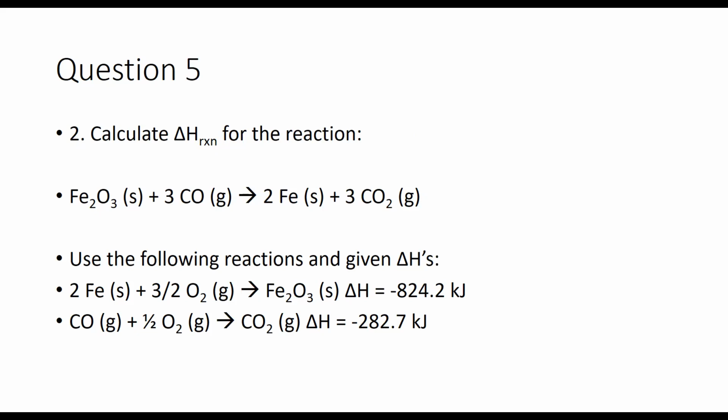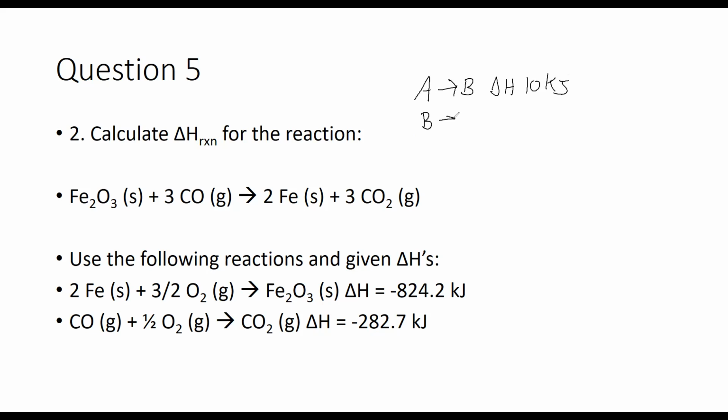So the last relationship we have to go over is that delta H's are additive. What I mean by that is, let's say the reaction A to B, that is delta H of 10 kilojoules.